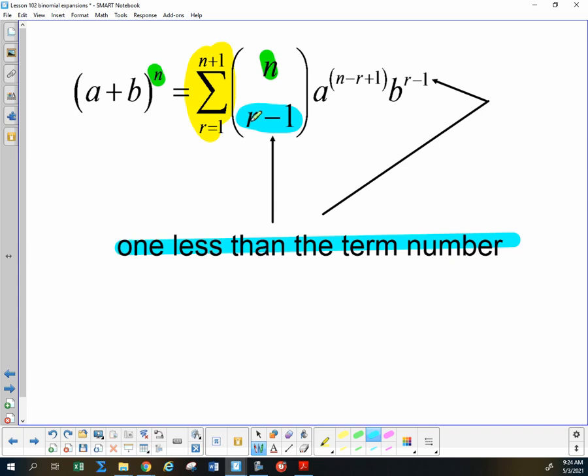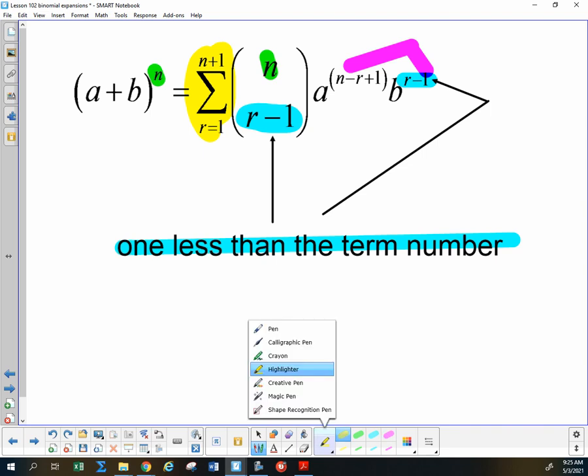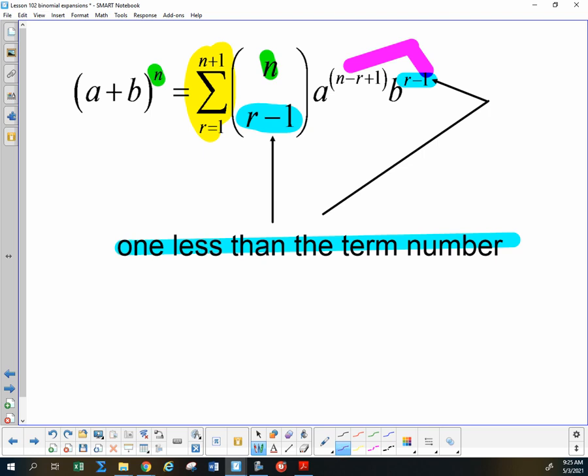If I want the 7th term, this is going to be a 6 right here, 7 minus 1, and a 7 minus 1 out here. And we also know that these two terms together need to always add up to our original exponent. So that's just what we've said before.